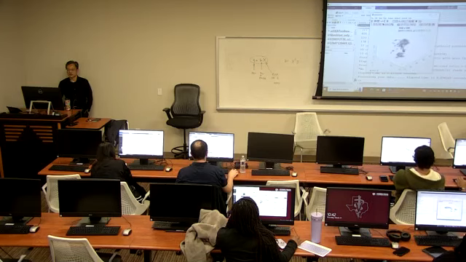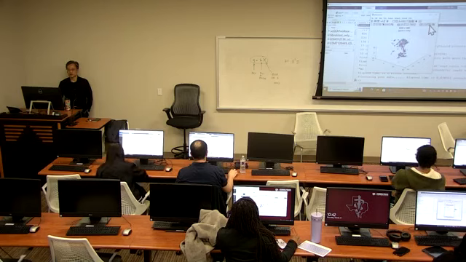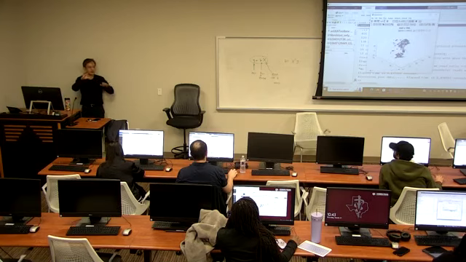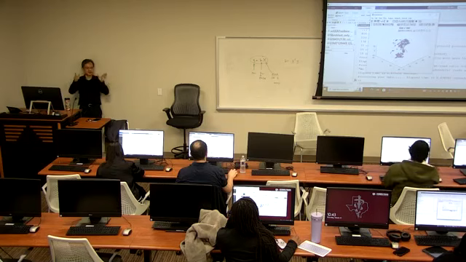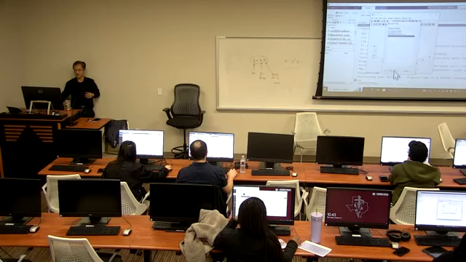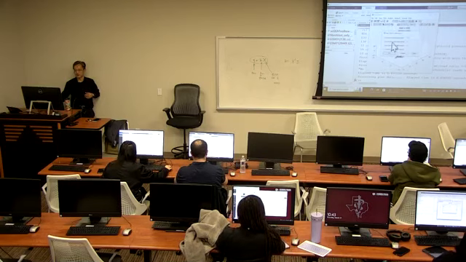Now you can export. Because we want to use the expression matrix, it's very easy to export the X matrix. So you can just select this and say, I want to export the X matrix.